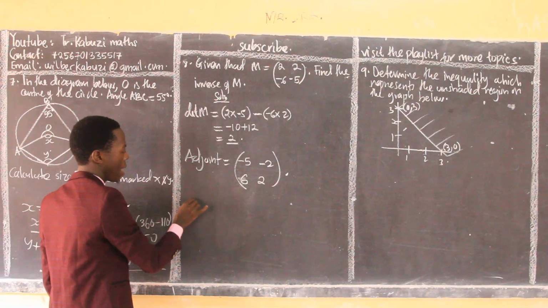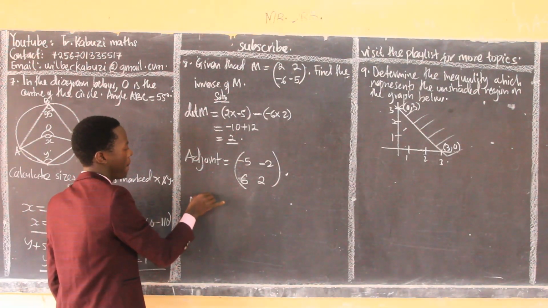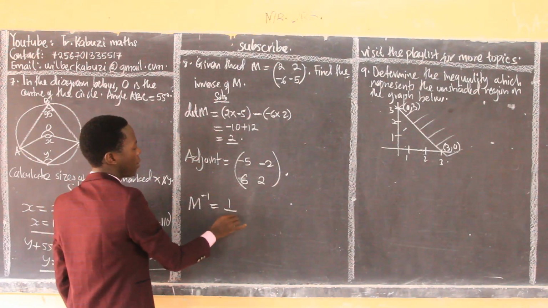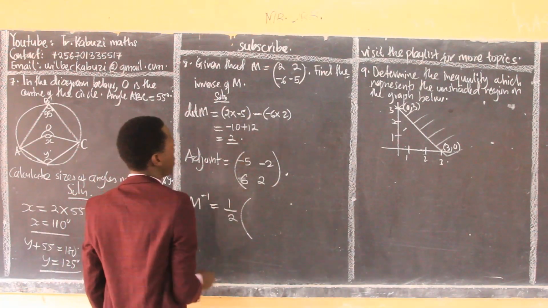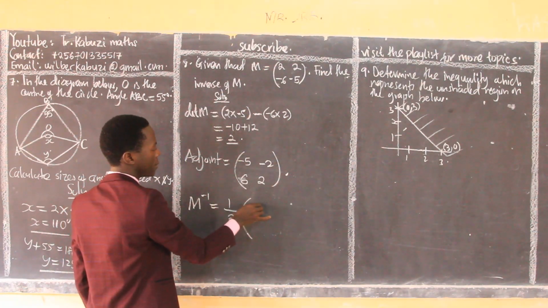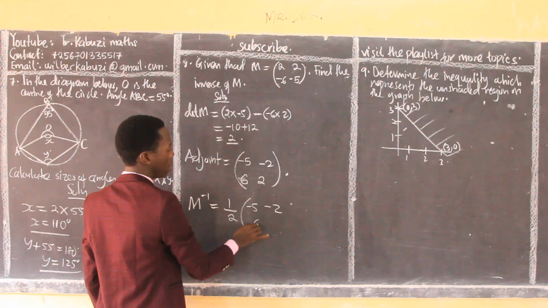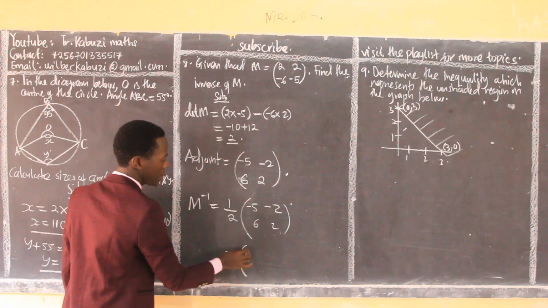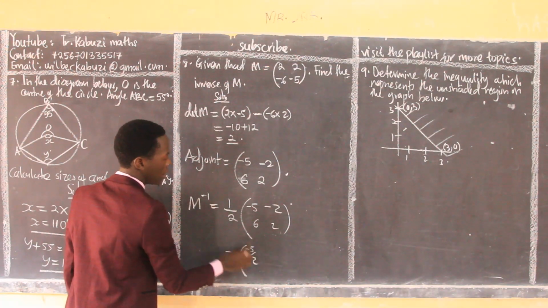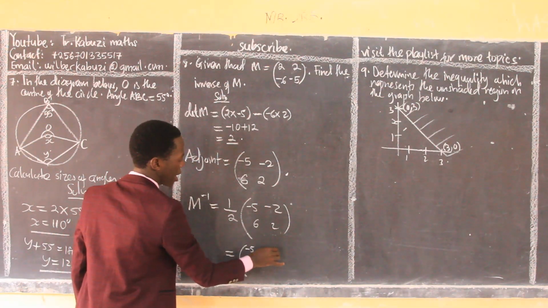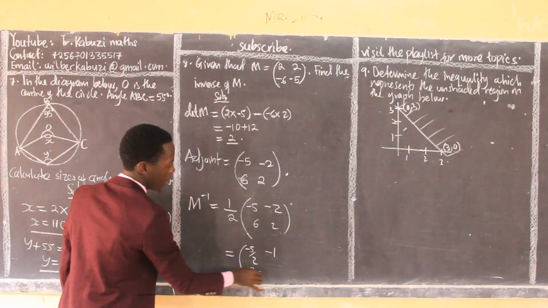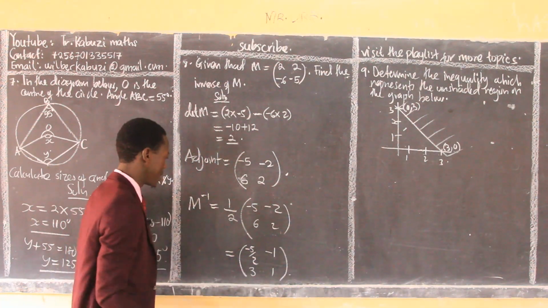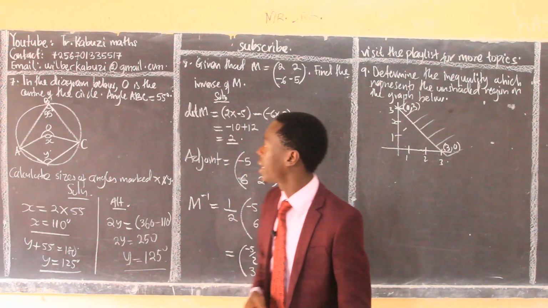So our inverse of m is going to be 1 over 2 times the adjoint, which will give us negative 1, 3, 1. And that is how it's supposed to get the inverse with ease.